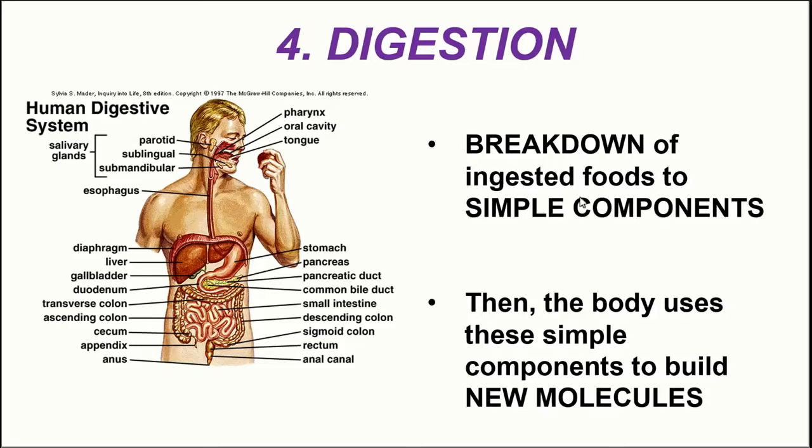And so that breakdown is giving us simpler components. And then what the body can do is use those simpler components to build new molecules. So from those monosaccharides, we can build new carbohydrates. And from those amino acids, we can build new proteins. And so digestion is necessary because it gives us the raw building blocks to make new molecules out of.